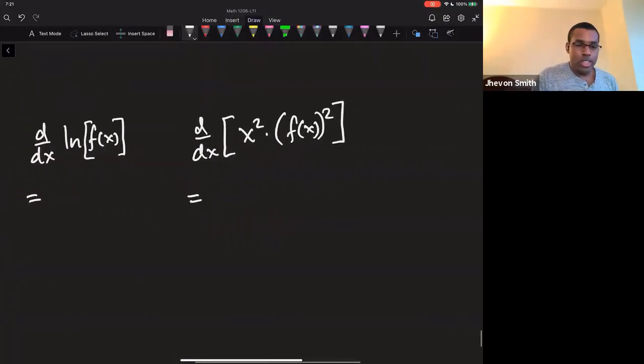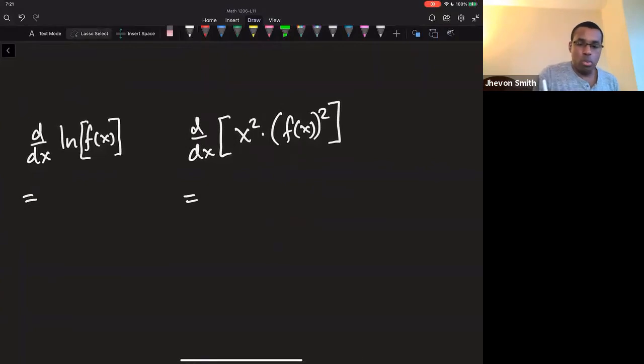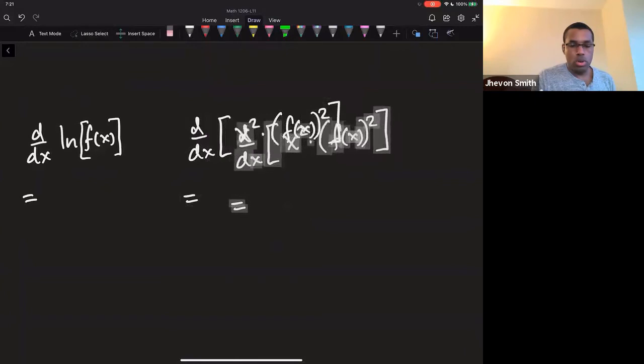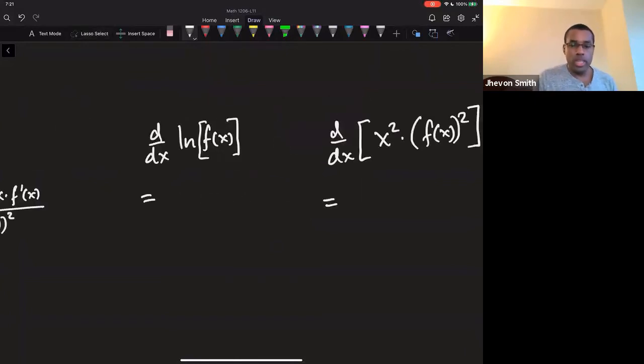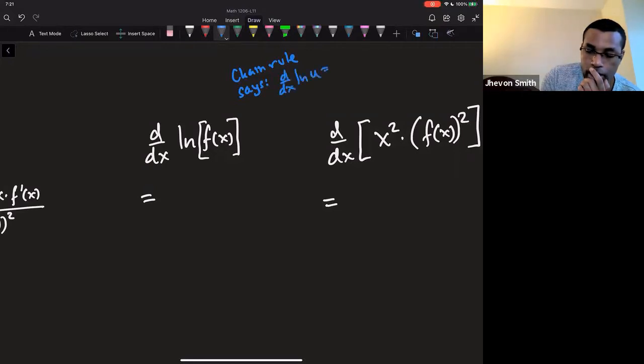Okay. Now in these two, you're going to start to see the chain rule more efficiently, right? Or more like explicitly. So we know that the chain rule told us that if I wanted to differentiate ln of u, the answer is u prime over u, right?